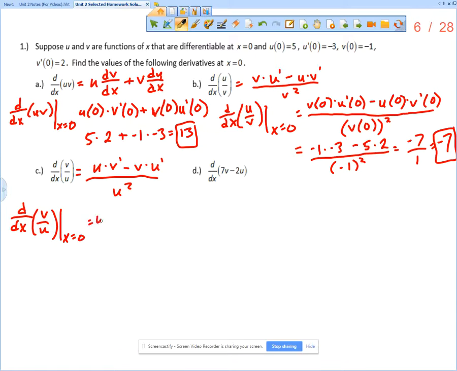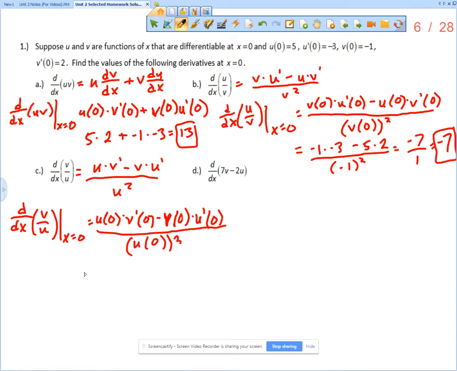So we're going to take u of 0 times v prime of 0 minus v of 0 times u prime of 0, all divided by the denominator, u of 0 quantity squared.